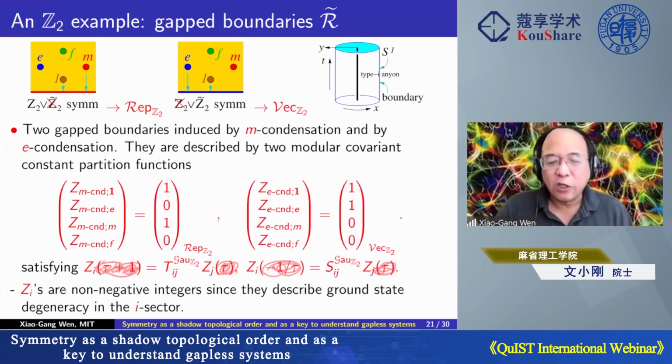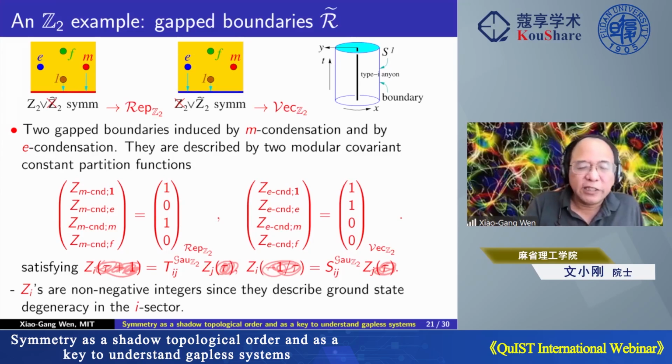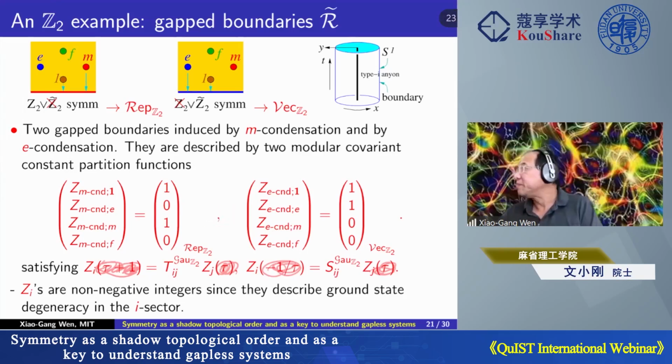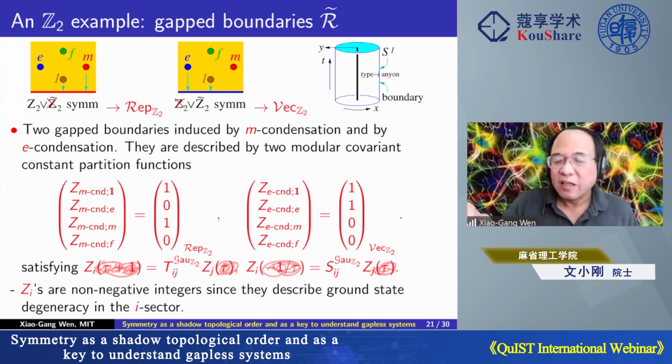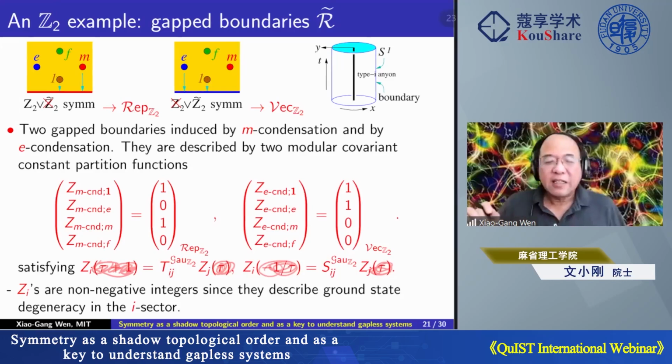So the 1 in the M component means M condensed, and the 1 in the E component means E condensed. So this really corresponds to these two boundaries.